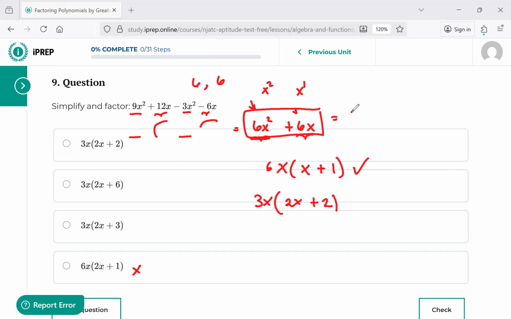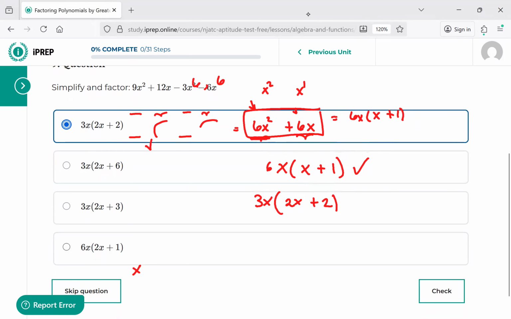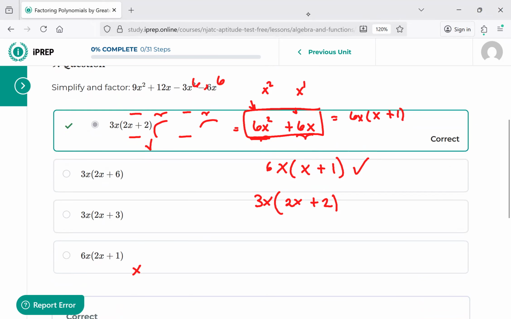Wait, I just wanted to double check. Yeah, it's not this one. I just mistyped. So it's 3x and then 2x plus 2. Let's see if it's this one. Correct. Oh my God.